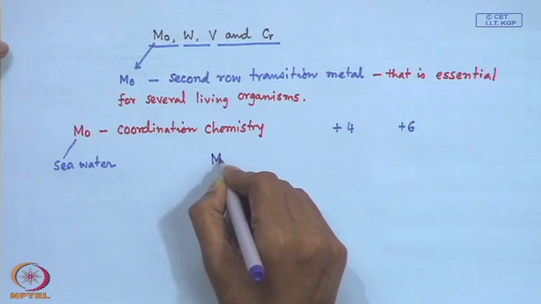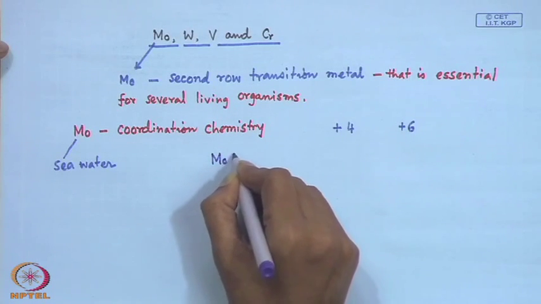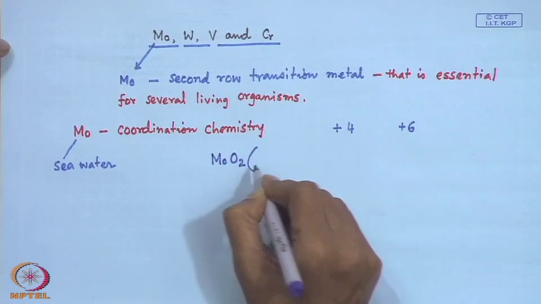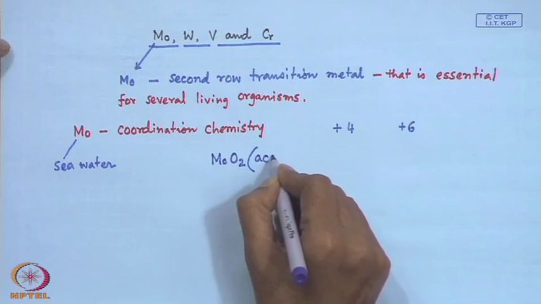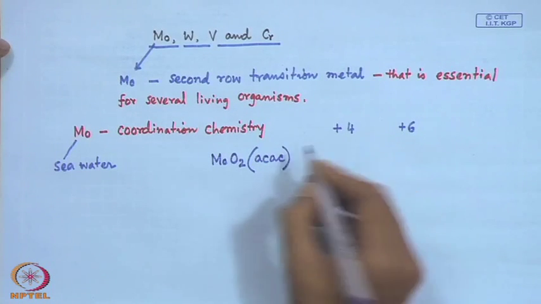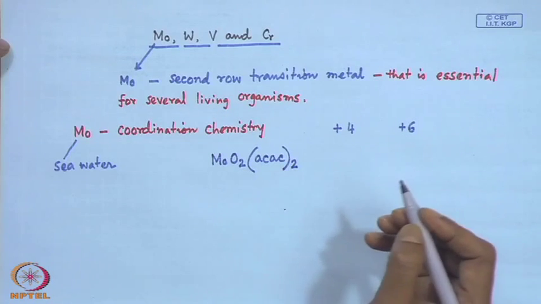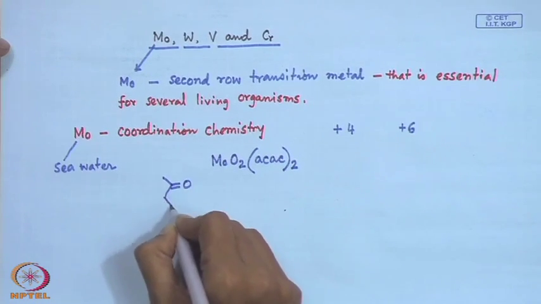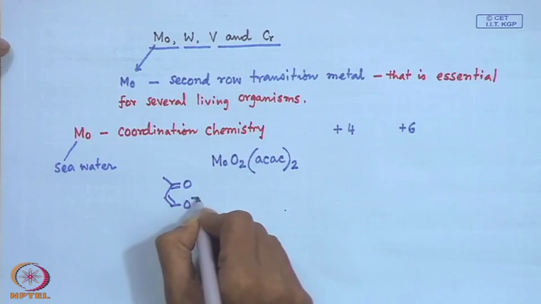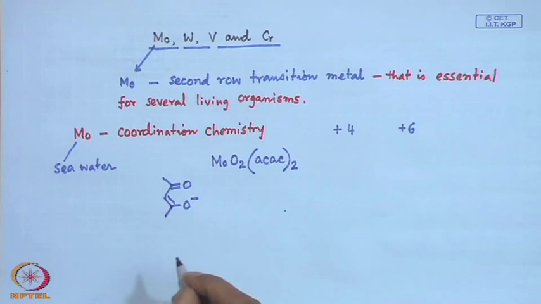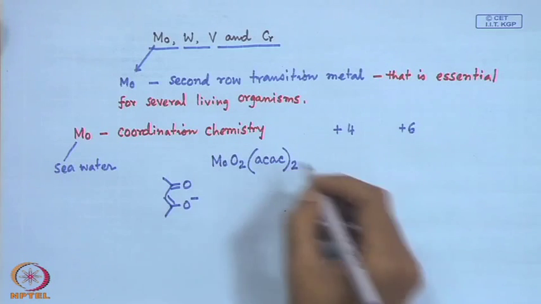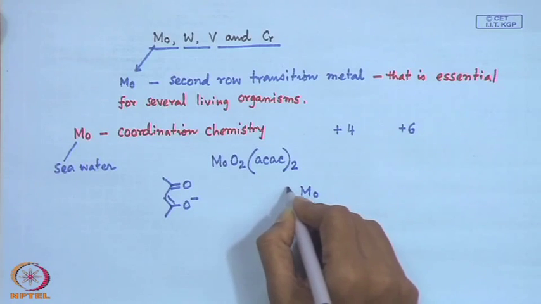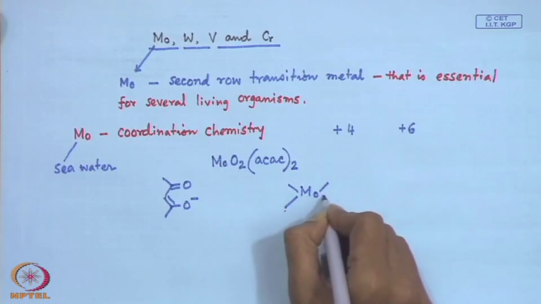So, a well known metal complex of molybdenum is the MoO2 species with acetylacetone, which we call the acetylacetonate ligand.